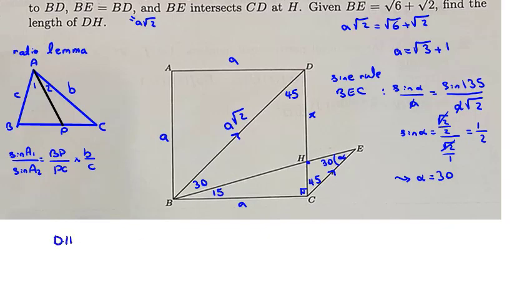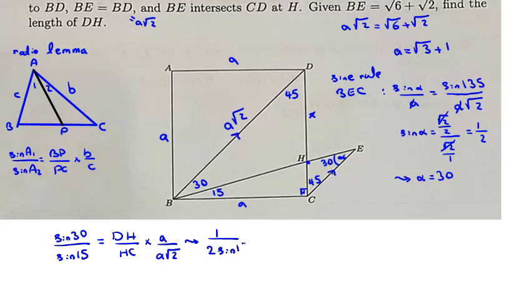I say what? Let's write like this. Sine 30 over sine 15 equal to DH over HC times this one, A over A root 2. And if we simplify, sine 30 is 1 over 2 sine 15.